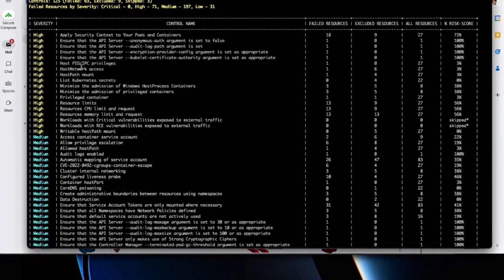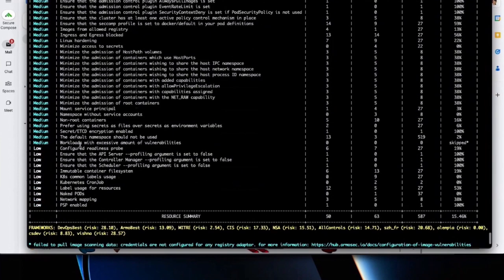But what we can see here is which privileged containers we have, resource limits, CPU and requests, workloads with critical vulnerabilities, etc., etc. And then by the end, we're seeing how risky my cluster is. So here I'm using my personal Minikube, so it's not that risky. But once I'm checking that, I can say for sure where and which resources are misconfigured.